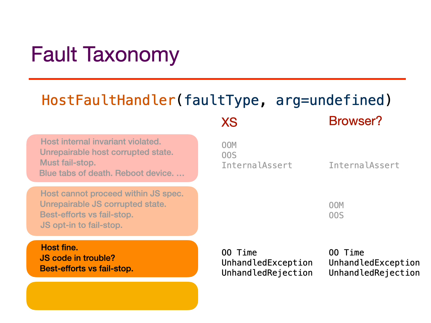There's some symptom that we know about that the host can react to based on the assumption that it indicates that the JavaScript code might be in trouble. So unhandled exception, unhandled rejection are the well-known ones.